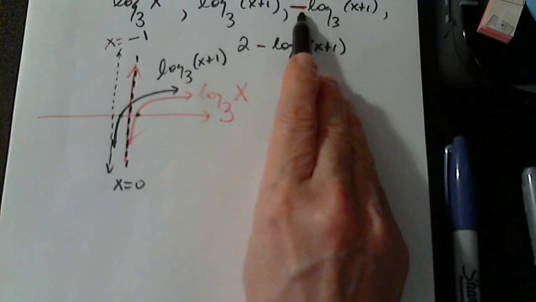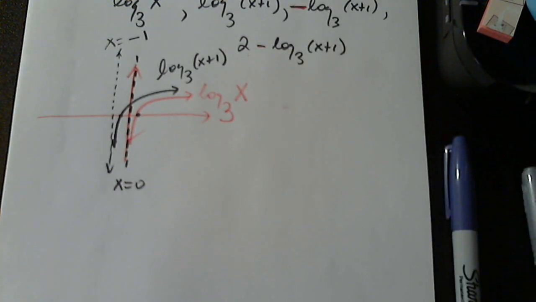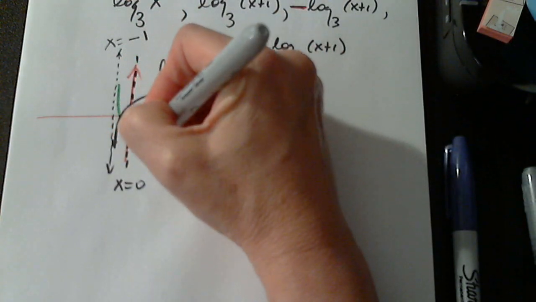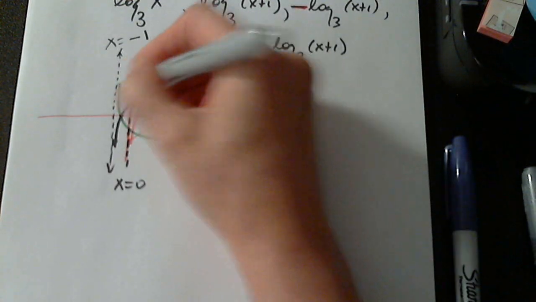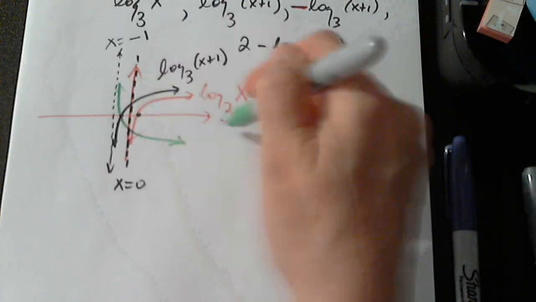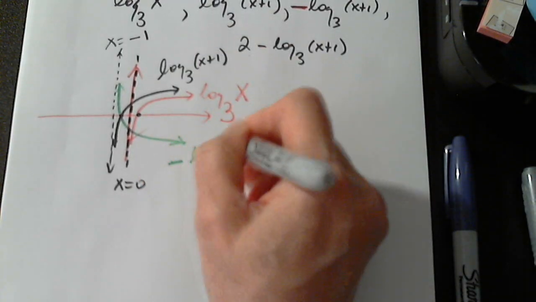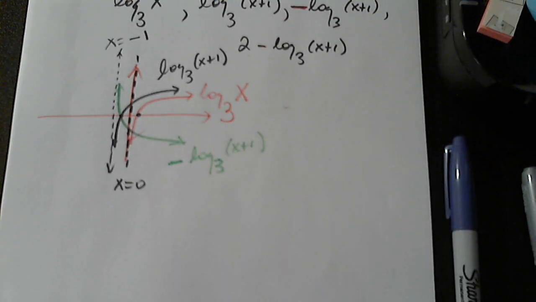Now I have to reflect. How do I reflect? Very easy. Just reflect with respect to the x-axis. So this is negative log base 3 of x plus 1.